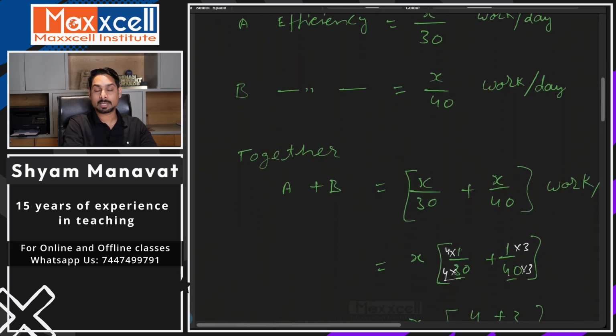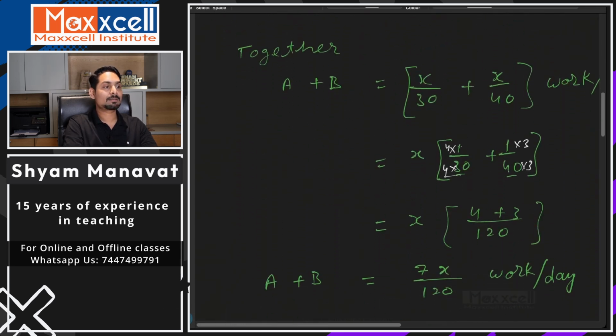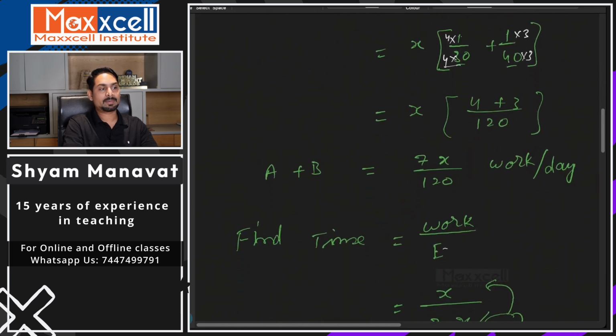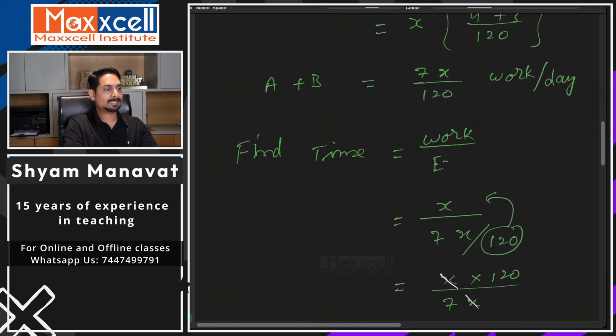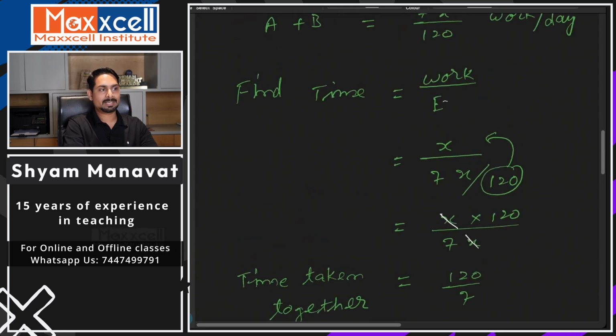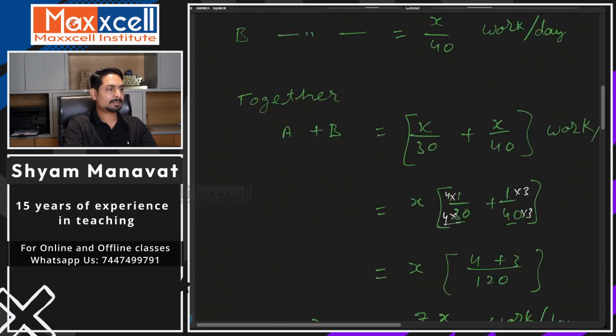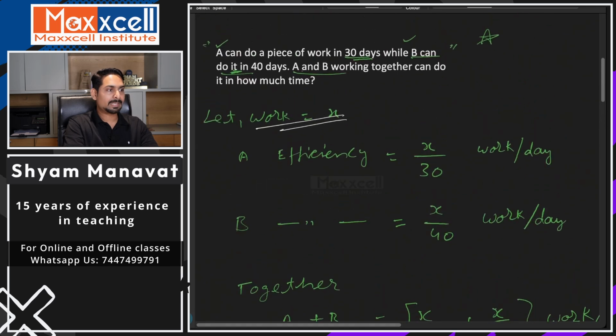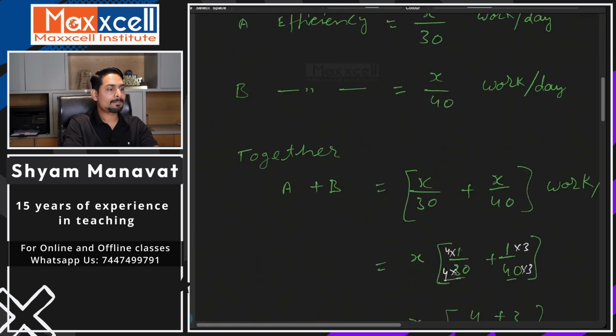For together efficiency, add both of their efficiencies, simplify that, find the total efficiency, and then to find the time together, we divided the work by together efficiency, right? Yeah, that's what the question said. A and B working together can complete it. It means the same work in how much time? So I hope that is clear.